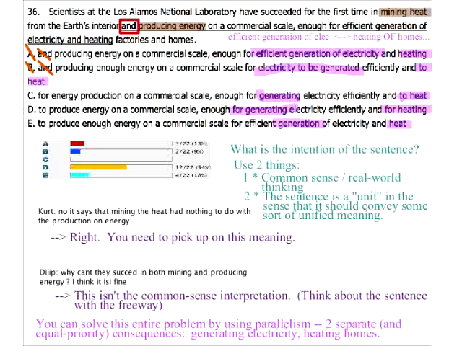Versus if it's just heating factories and homes, then that should go with generating electricity. You just have to write these in the same way. So the only choice that actually writes these things in a way that's parallel is D. So it turns out you don't even really need the and here, but it's another consideration that is helpful.